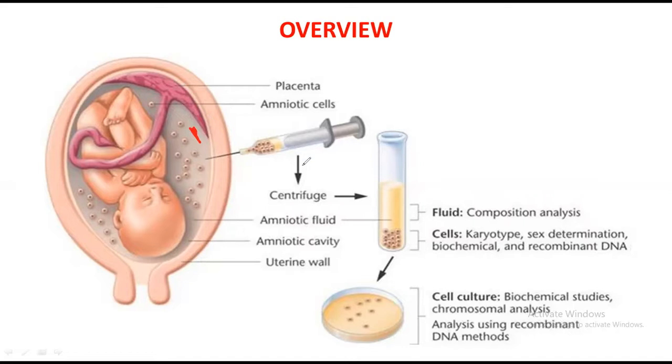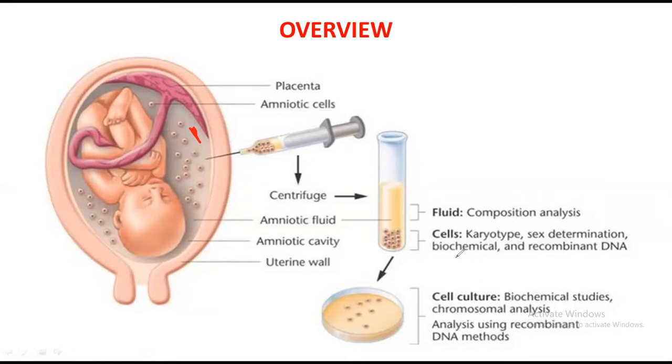After that we take the amniotic fluid, and we know that amniotic fluid contains cells of the baby. We centrifuge it, culture those cells, and then perform different experiments on those cells.